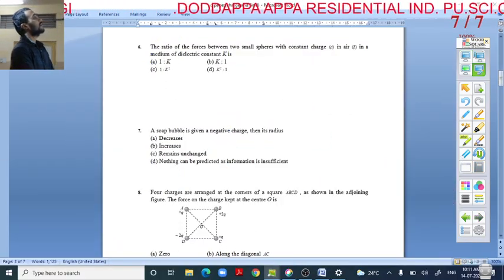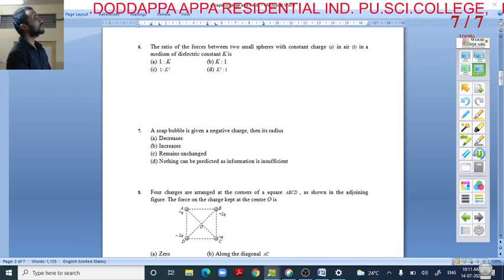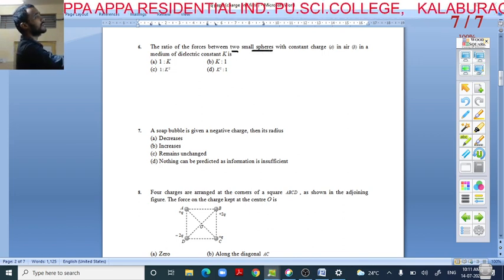Okay, next, the ratio of the force between the two small spheres.